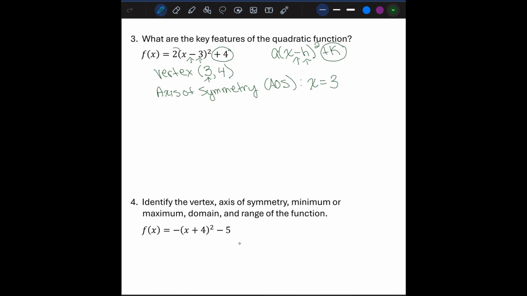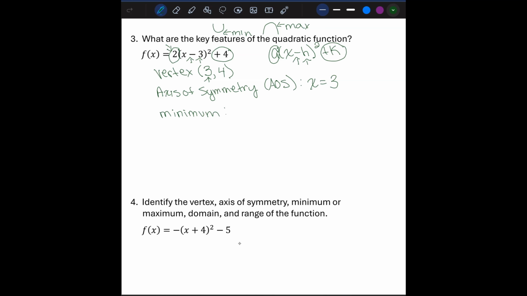When I look at the number in front of the equation, in other words, the a value, it is positive. If that number is positive, it's going to open up. So if it opens up, it makes like the letter U, and it has a minimum. If it opens down because it's negative, then it would have a maximum. So I know that this has a minimum because it opens up.